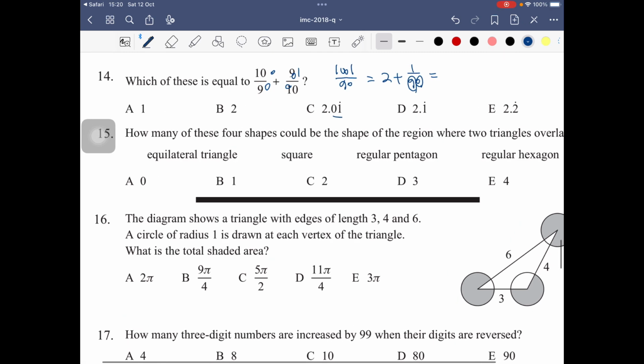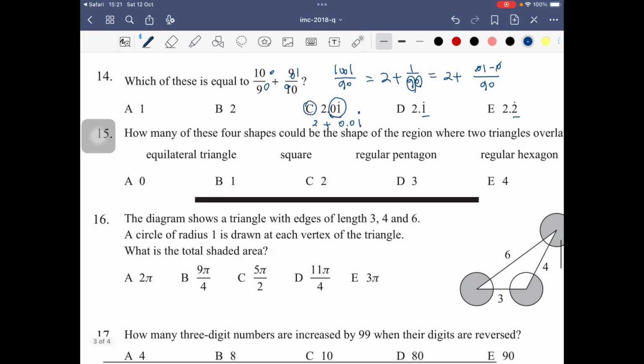Here I think this could be the answer because there is no other non-repeated decimal here. So 2 plus 1 over 90. Because I already excluded 2, so 0.01, the recurrence is only on the 1. So 0.1 minus 0, which is 1, which is this one. So this is the answer.